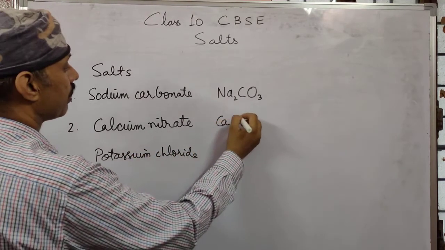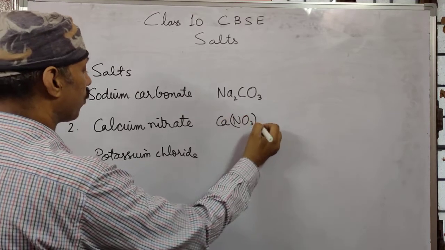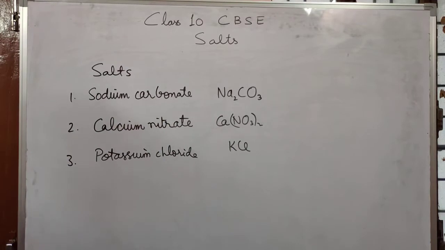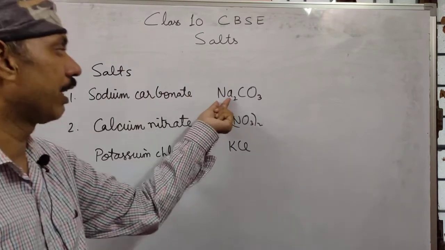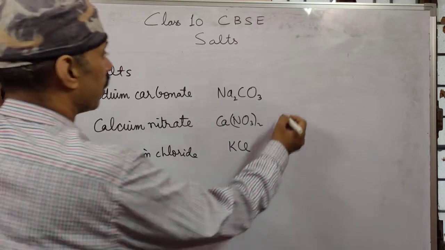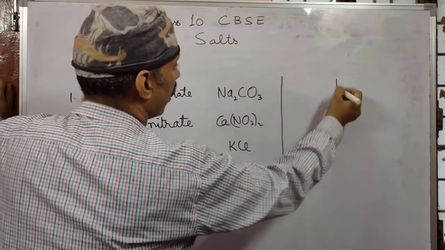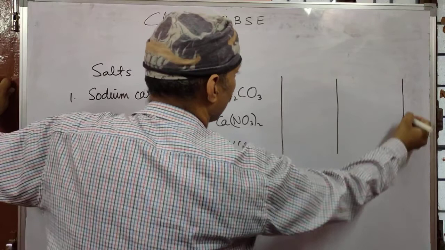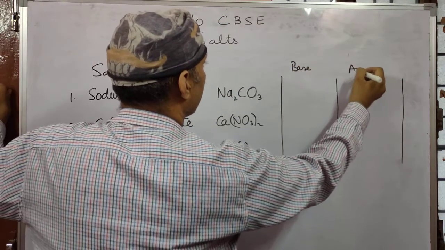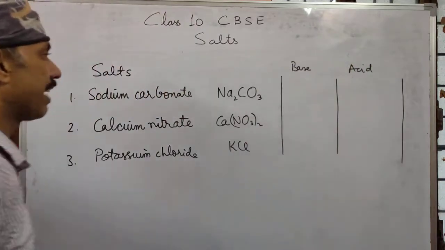Calcium nitrate is Ca(NO3)2, potassium chloride is KCl. Now you see, the plus portion, that is the first part, is always the base, and the second part is coming from the acid.